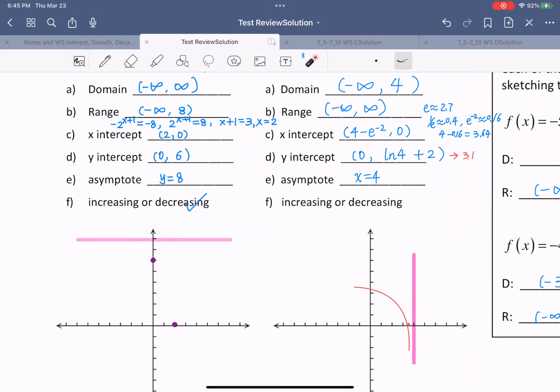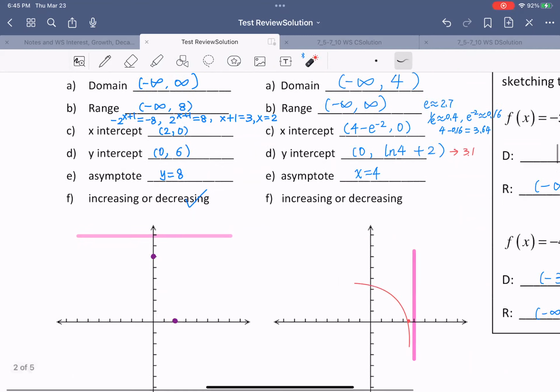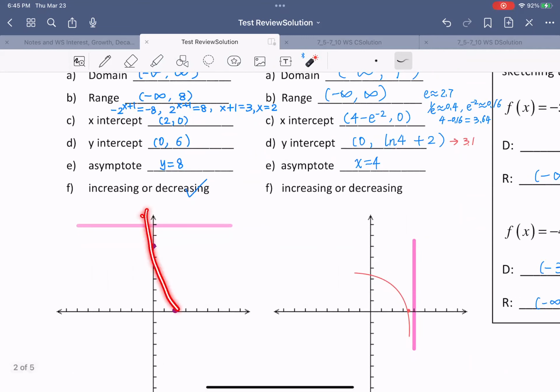As a horizontal asymptote, you can only go that way. There's no way you can draw something like that. No, you want to approach this. So it has to go down like that, and you will connect it like this.